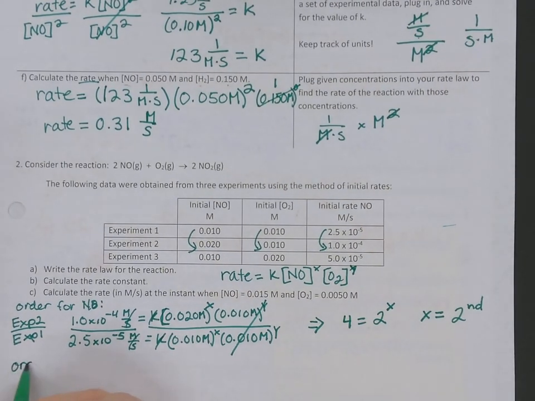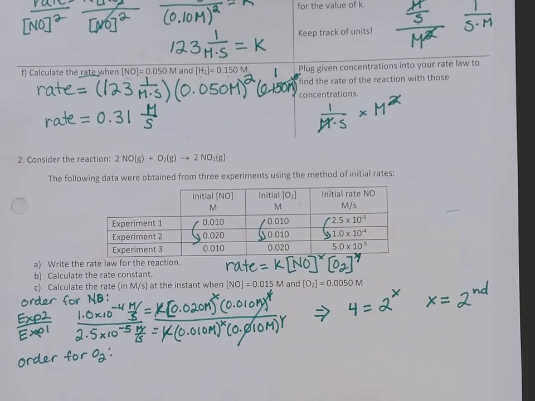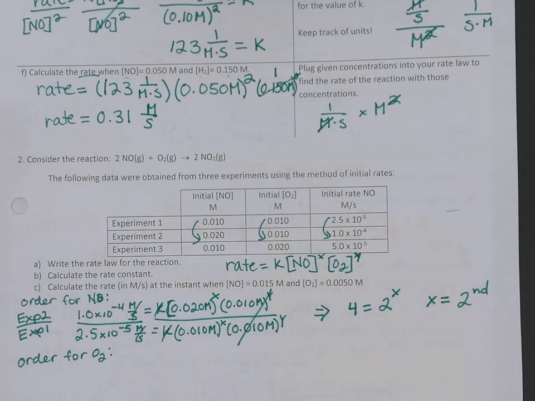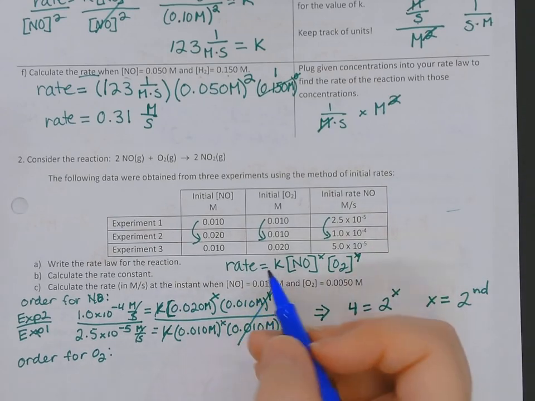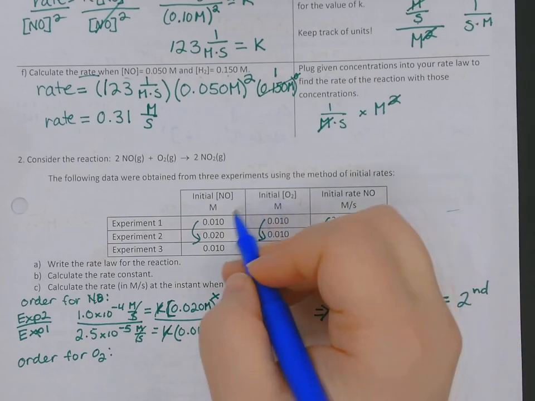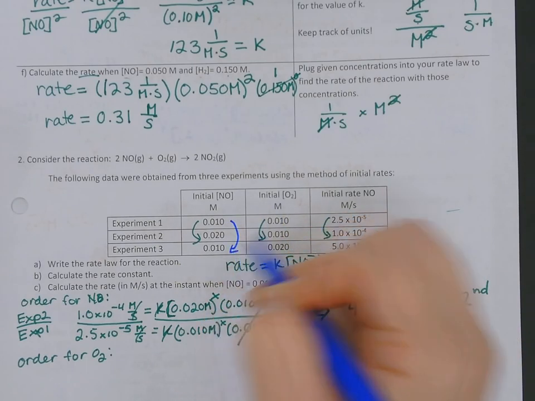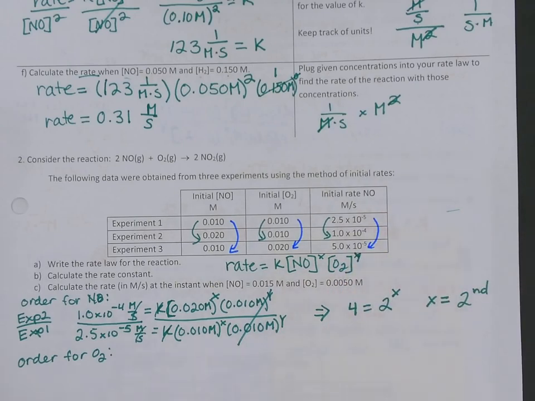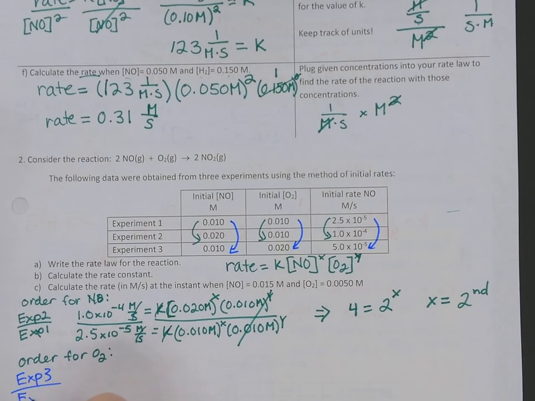Now I'm going to do my order for O2, the same way. I'll change up the color here for oxygen. We want NO to stay constant, so that's experiments 1 and 3 for O2 to change. Experiment 3 is bigger than experiment 1.